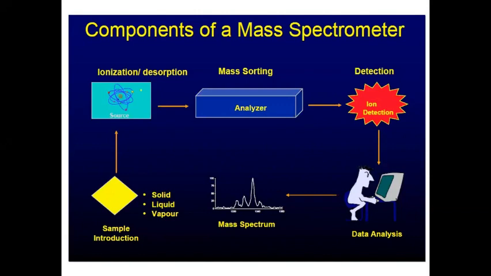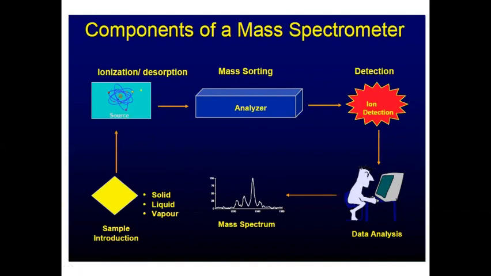We can know what type of molecules are present in an unknown sample, and also the structure of the unknown molecules. This slide shows the different components of a mass spectrometer.